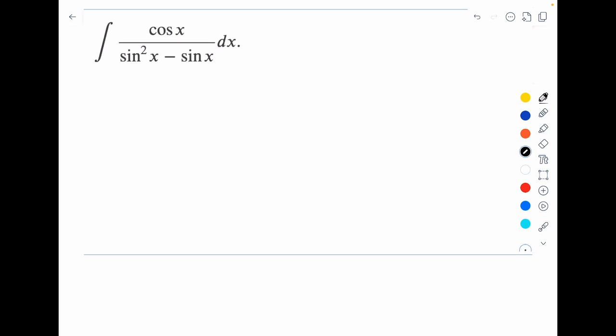So therefore, that must imply that u is going to equal sine x. Okay, because therefore du by dx is going to equal cos x, which means that du is going to equal cos x dx.